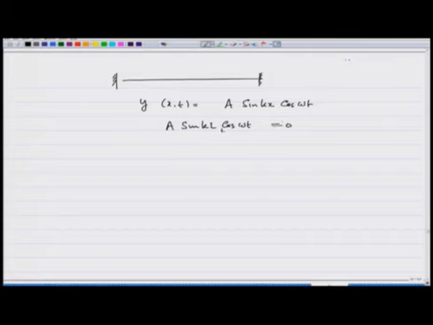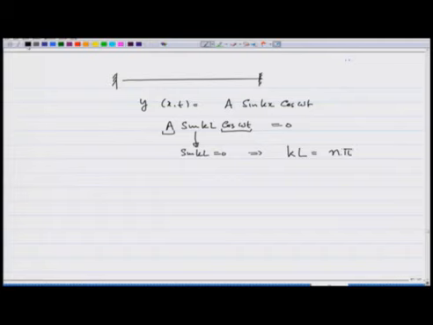Now, cosine of omega t varies with time, so it cannot be 0. A is the amplitude. So, the only term that can make it 0 is that sin kL must be 0, and this implies that kL is equal to some integer n times pi.